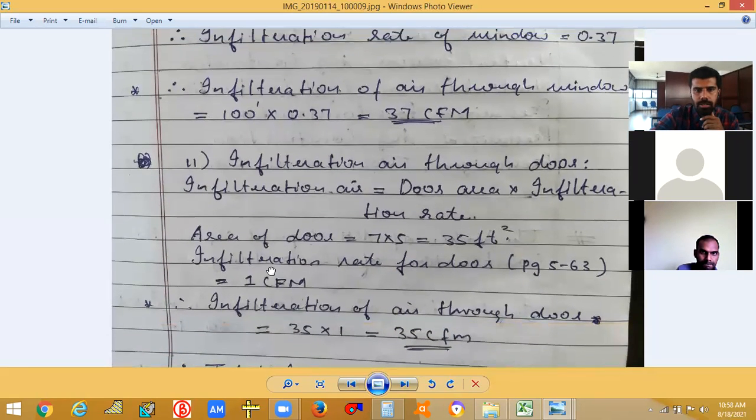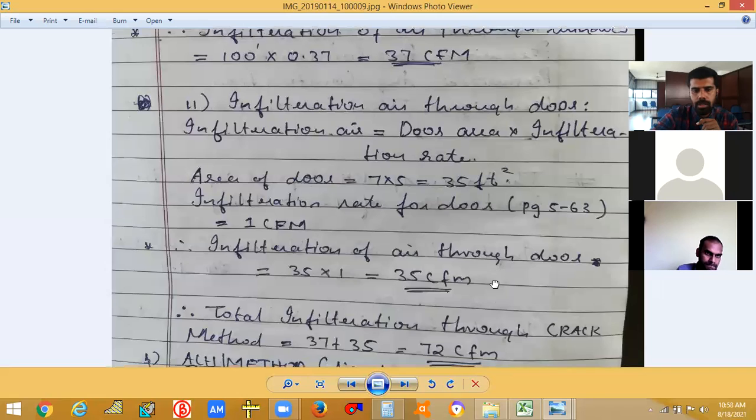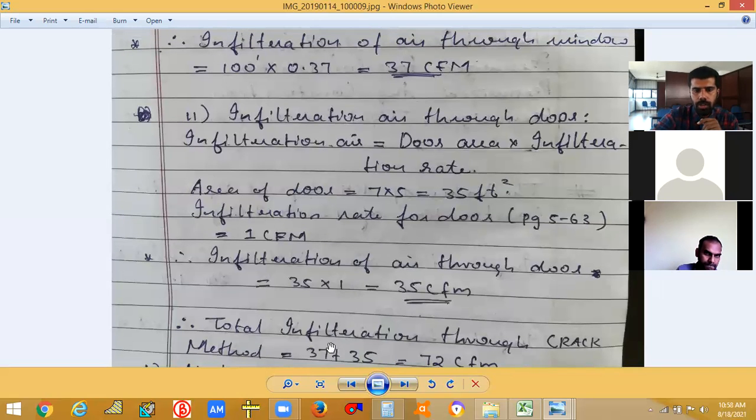So find the answer: 35 into 1 equal to 35. Then you add all those values, 35 plus 37. So this is the infiltration through the crack method.